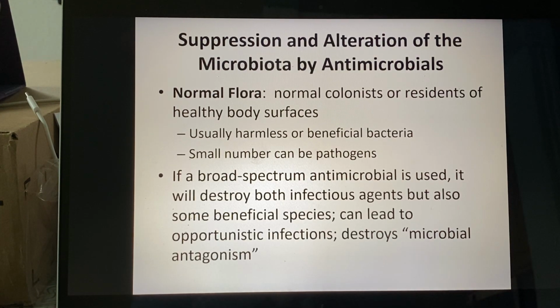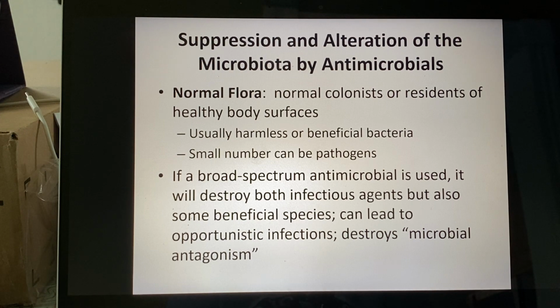Okay, so I want to mention the term normal flora. I've talked about this a little bit before, but your normal flora are bacteria and usually fungal cells, like yeast, that are in and on you all the time. Normally they're harmless. They can be beneficial, like we talked about E. coli synthesizing vitamin K. And yeah, you're always going to have a small number of pathogens, right?